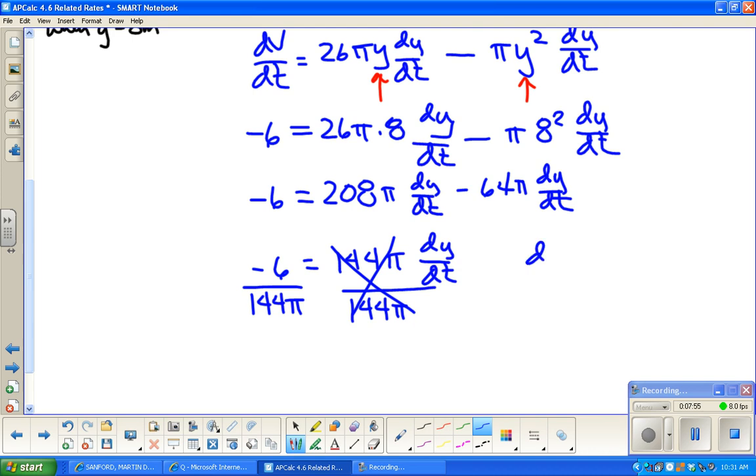So dy/dt equals negative... So it looks like negative 0.01326 something. Did you divide -6 by all of that? Mm-hmm. So I got 0.013.